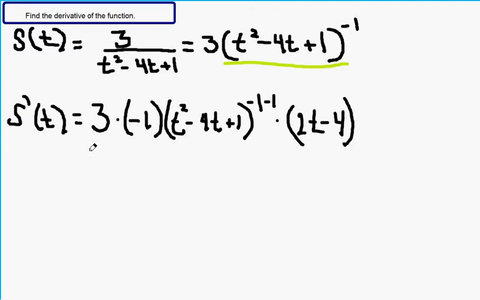It's not very pretty, but it's a derivative. Why don't we tidy up? Let's multiply the constants to get negative 3. Now look over here. I have a factor of 2t minus 4 in my derivative.